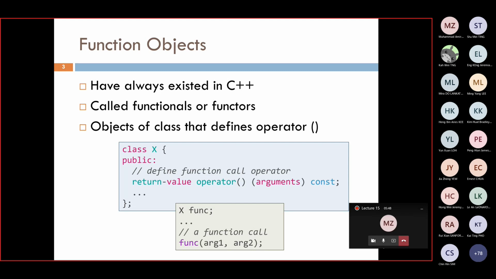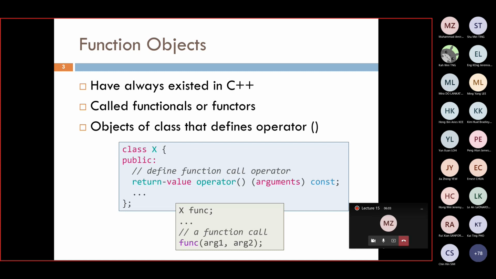And in this case, func, which is an object of type X, is essentially invoking its member function, which is the function call operator overload.